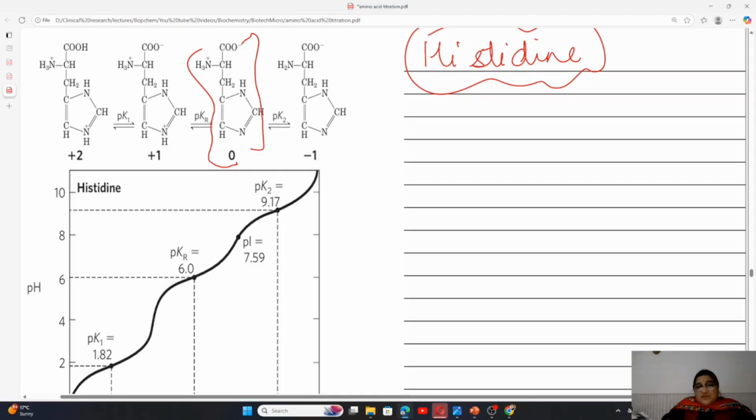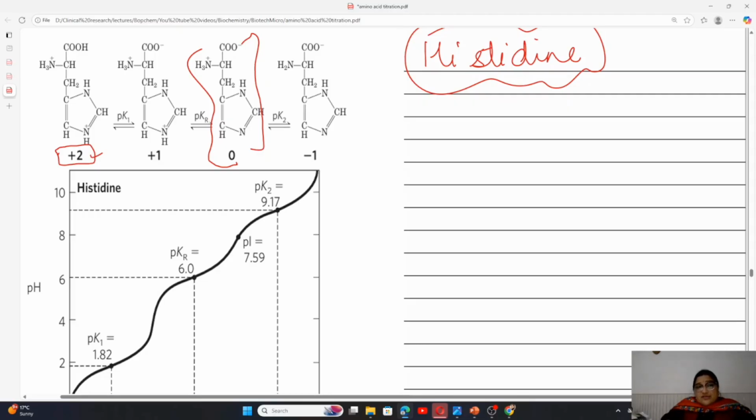Now, when the pH is being increased regularly, you can see the structure of histidine from acidic pH. We are increasing the pH here. When the pH is acidic, what is going to happen? It is attaining a charge of +2.